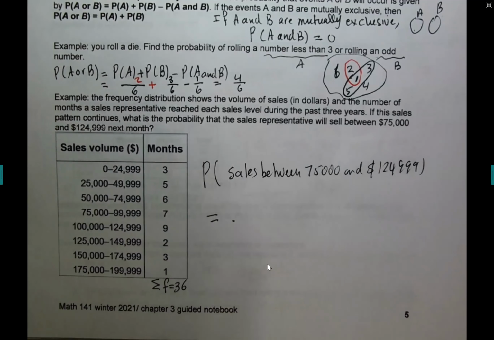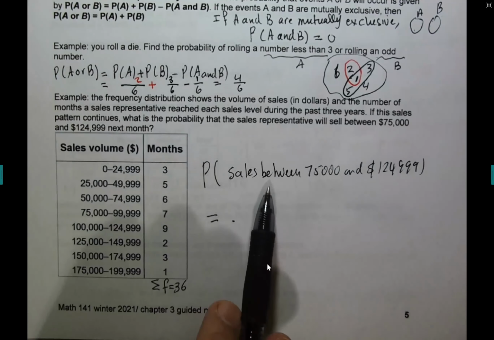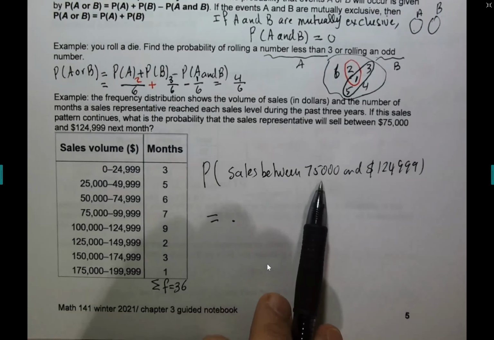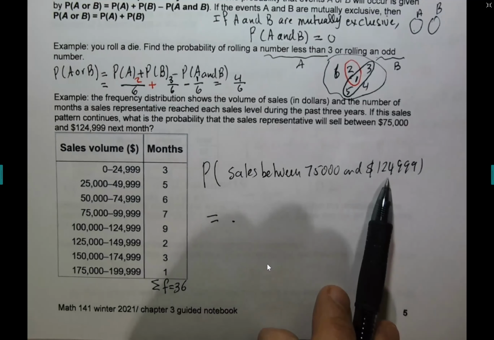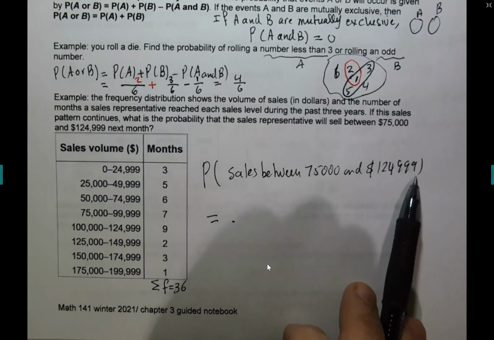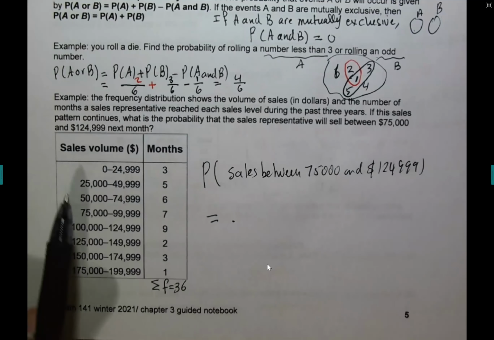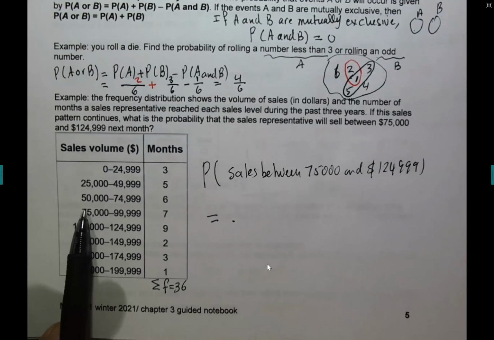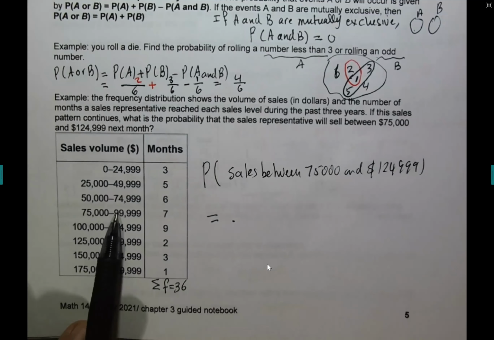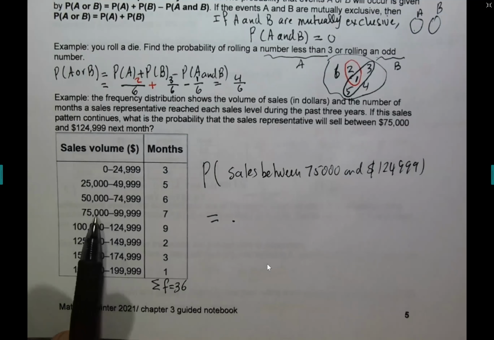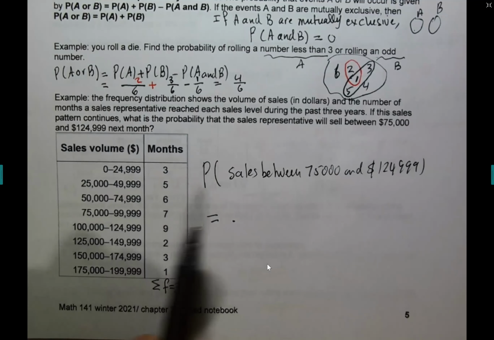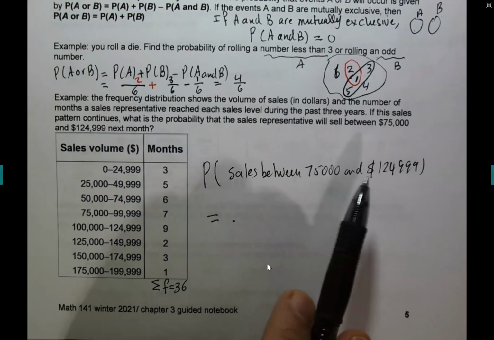All right. You want your sales to be between 75,000 and 124,999. But if you look at the categories, guys, you have 75,000 to 99,999. So this is where your sales could be. If your sales are here, you're good because that's from 75,000 and up.